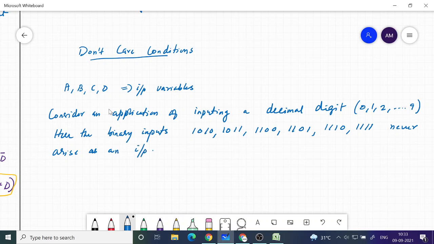You never give an input combination which is any of these 6 combinations.